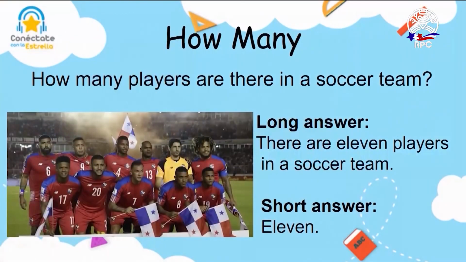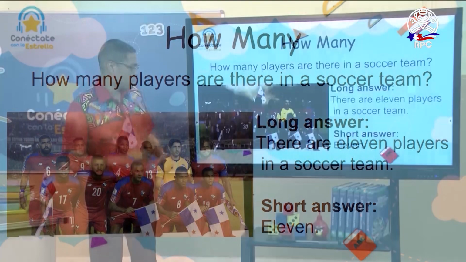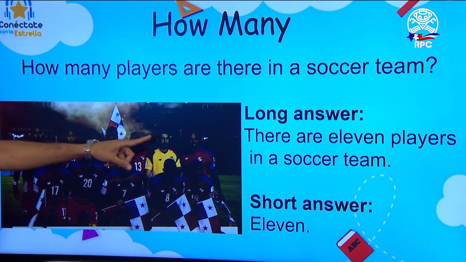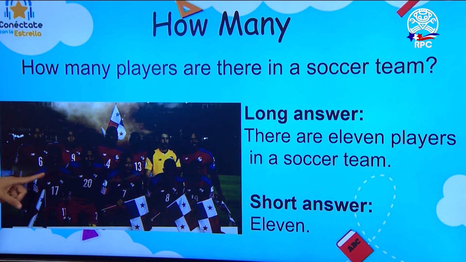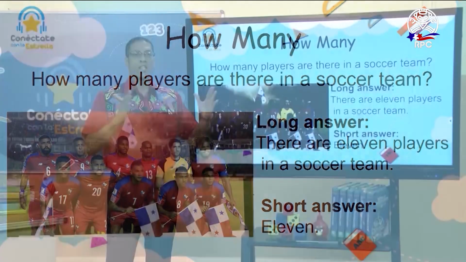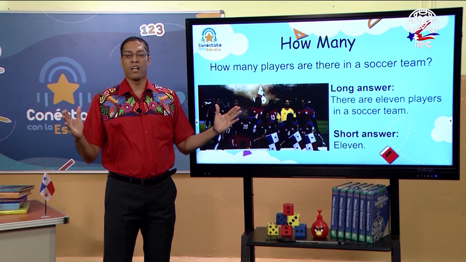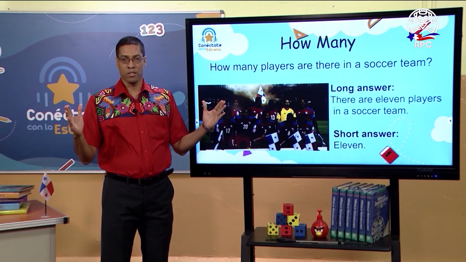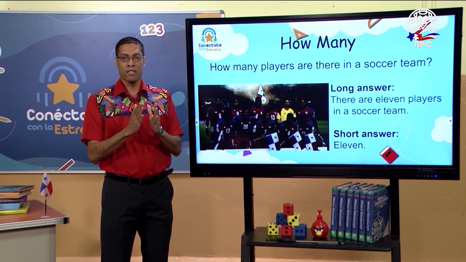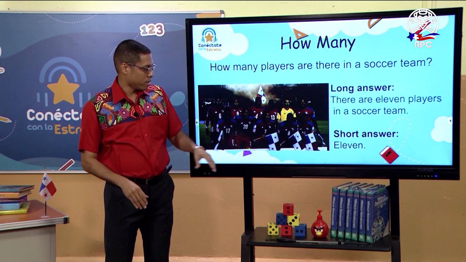How many players are there in a soccer team? Let's count. 1, 2, 3, 4, 5, 6, 7, 8, 9, 10, 11. Long answer. There are 11 players in a soccer team. Short answer, 11. That's it.